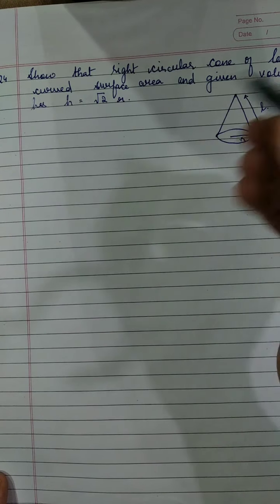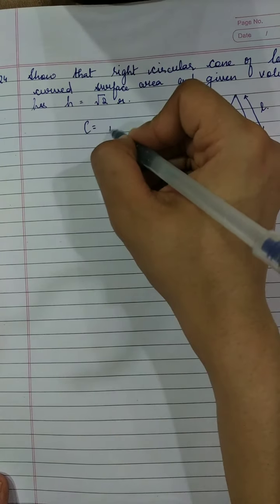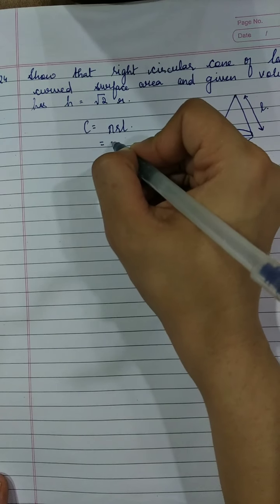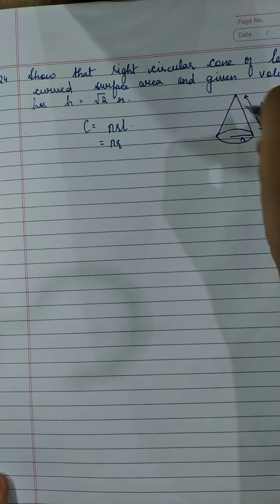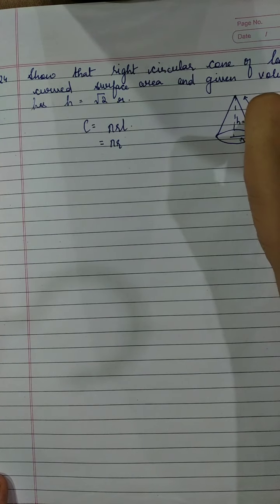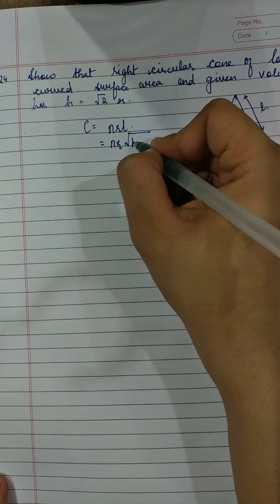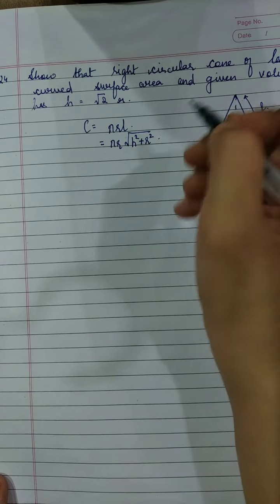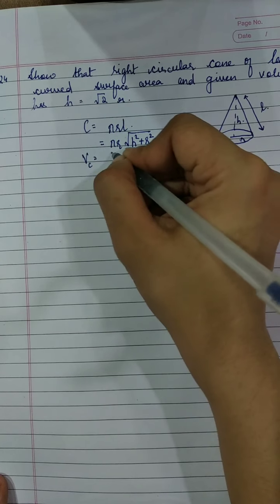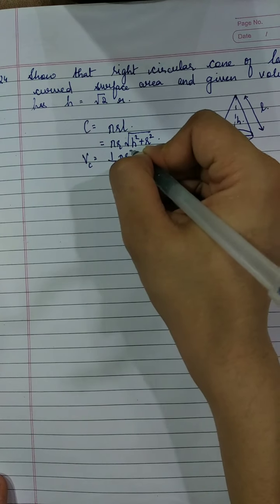Show that the right circular cone of least curved surface area and given volume. So curved surface area is given, that is pi r L. So pi r, what is L? If this is the height, L would be under root of h square plus r square. And volume of the cone is 1 by 3 pi r square h.